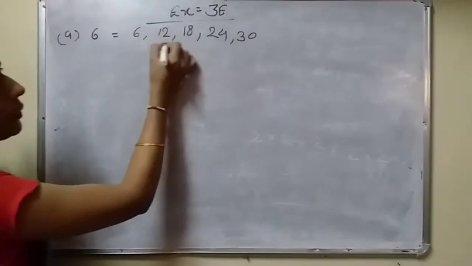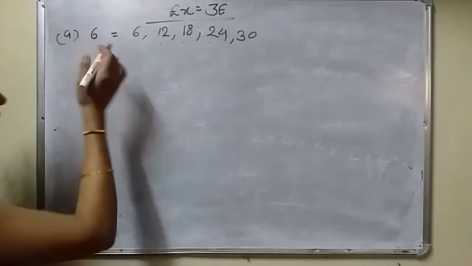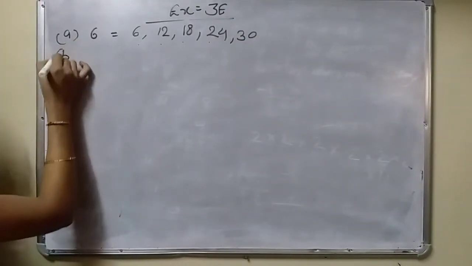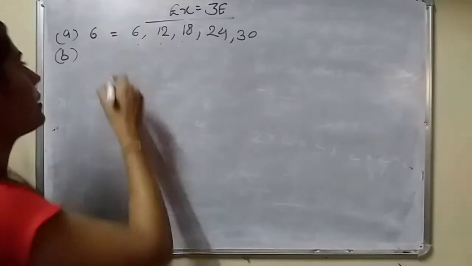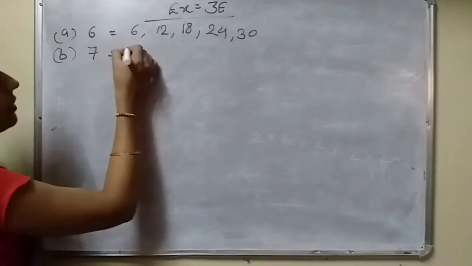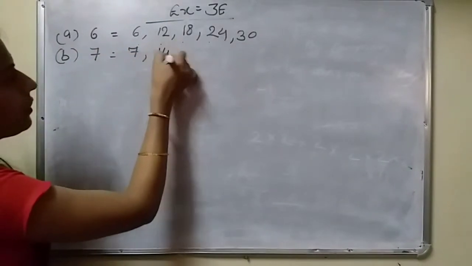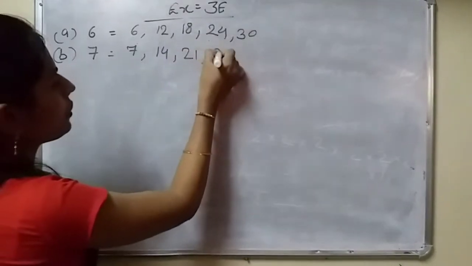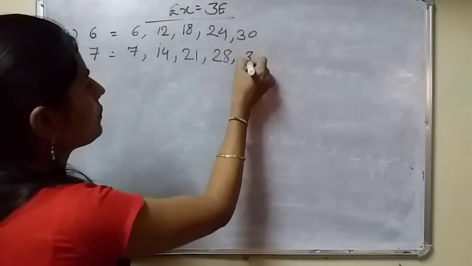These are the first 5 multiples of 6. B, 7. 7 1s are 7, 7 2s are 14, 7 3s are 21, 7 4s are 28, 7 5s are 35.